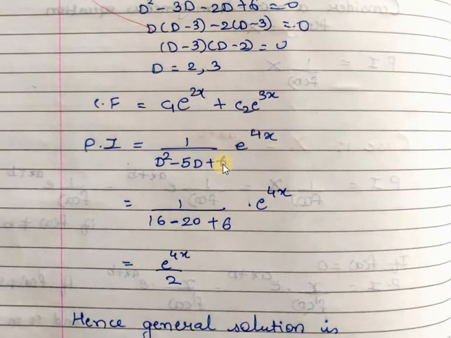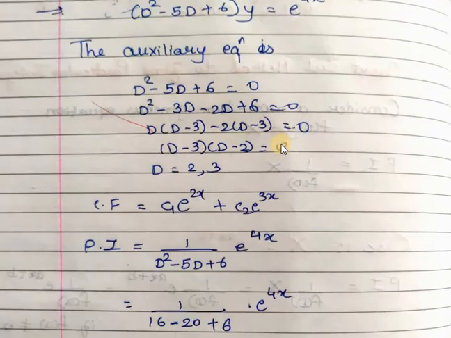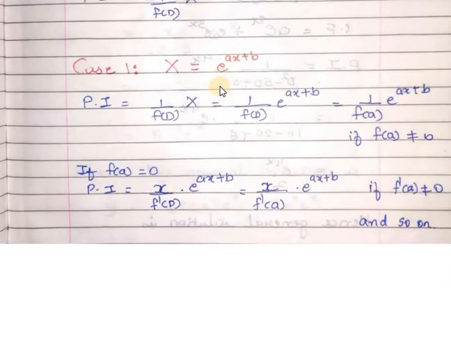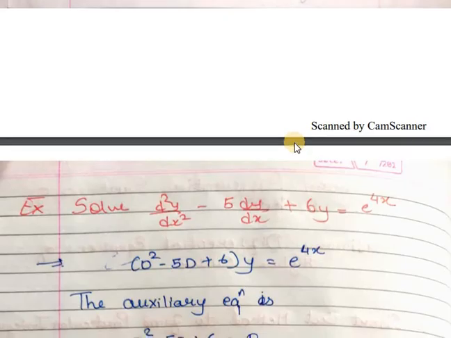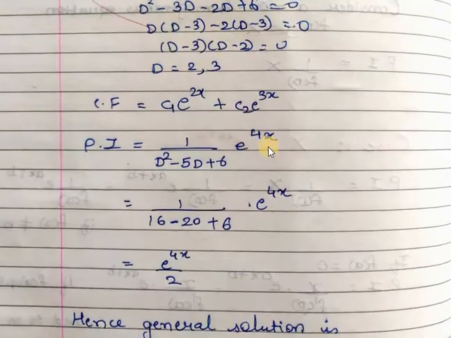Now according to case 1 of particular integral, if the right hand side of the equation is exponential type, then we will have to replace D by a. So here what is a? It is 4, so we will replace D by 4.